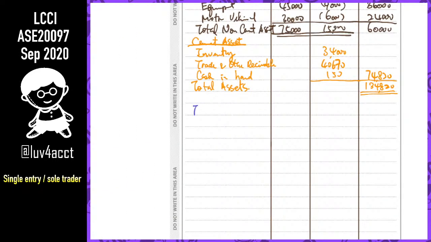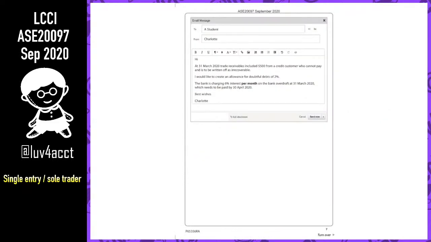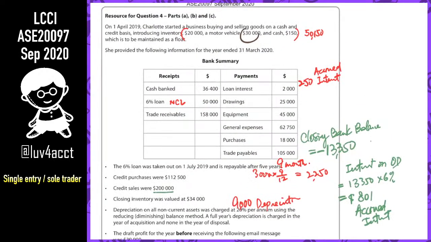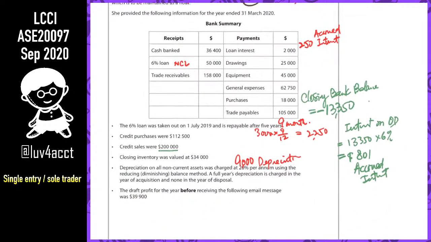Next part, equity. Opening balance, add the profit for the year, and then we also have drawings. For opening equity, we have to look back. We have 50,150, and then drawings being 25,000.